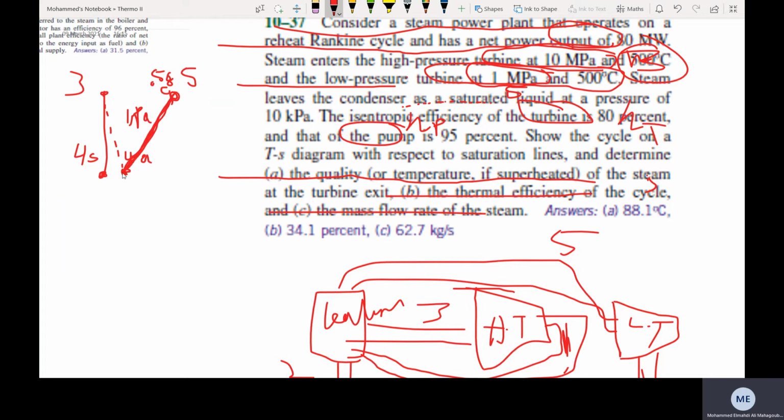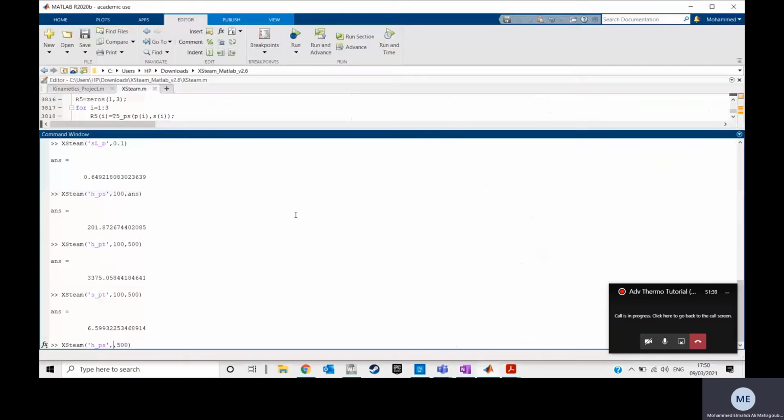So I need to know the properties of this point. Remember that the first question tells us if this is a mixture, then give its X, but if it's not a mixture, then give its temperature. We're going to check whether this is a mixture or not. So what is the H, given the intermediate pressure, which is 1 megapascal, which is 10 bars, because you multiply by 10, and we have the entropy.